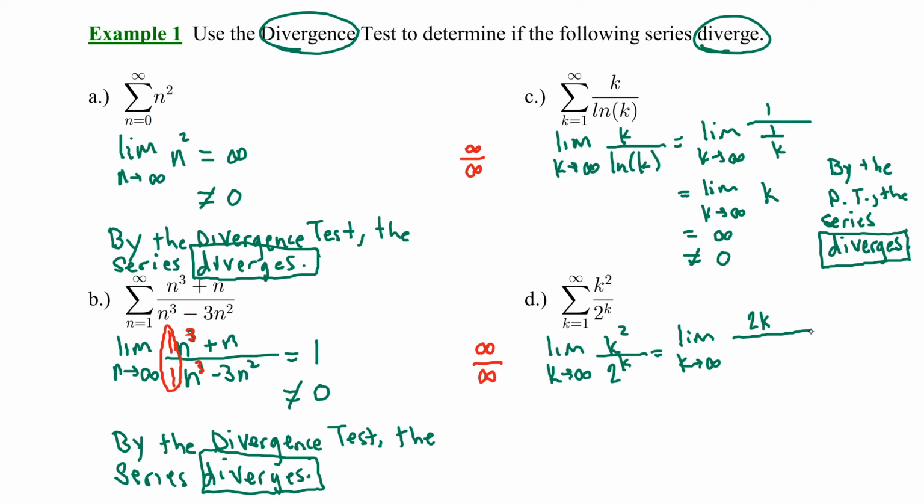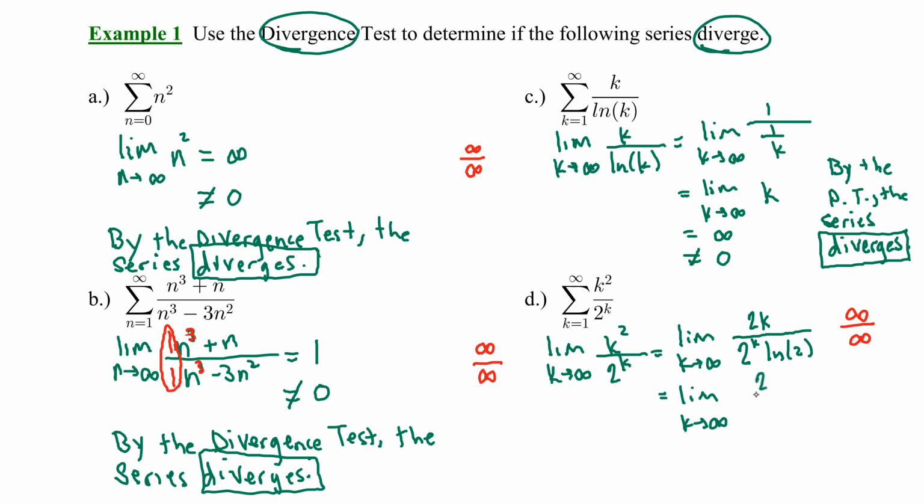Now here's a pop quiz from chapter 7. What is the derivative of 2 to the k power? If you'll remember, we make a copy of the exponential and multiply by natural log of the base. At this point, we can still determine that we have the pattern infinity over infinity, so we need to apply L'Hopital's rule again. That will give us the limit as k goes to infinity.